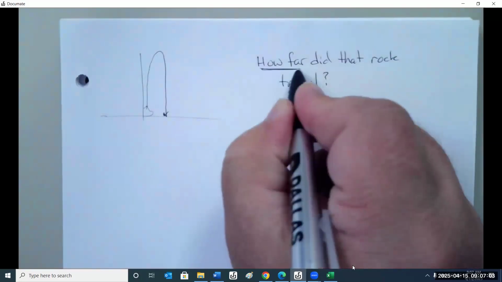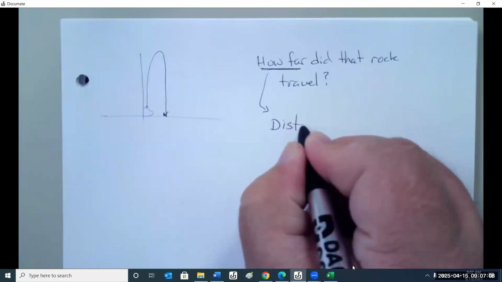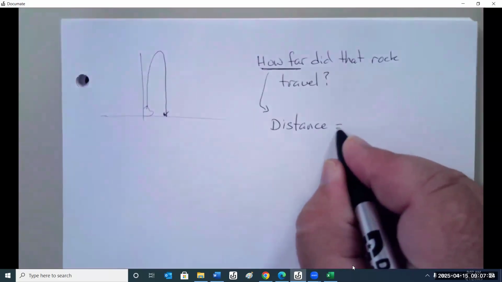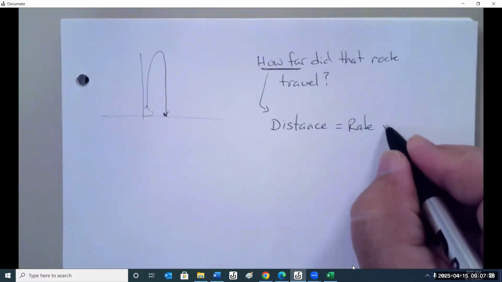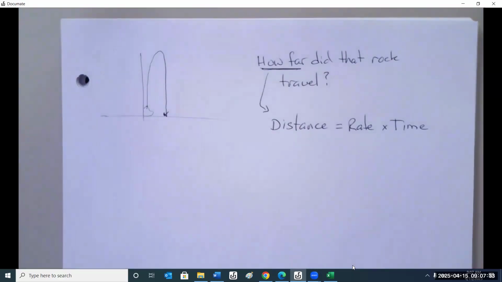How far defines distance? What's the formula for distance? The rate of the object times time, how long it traveled. That's the formula for distance.